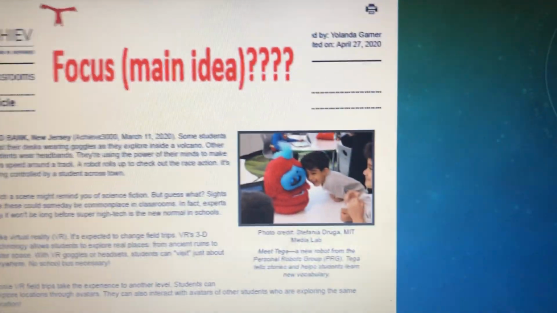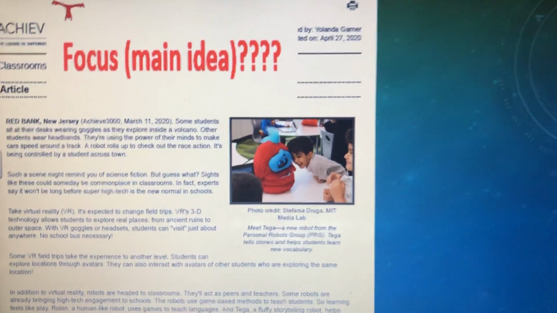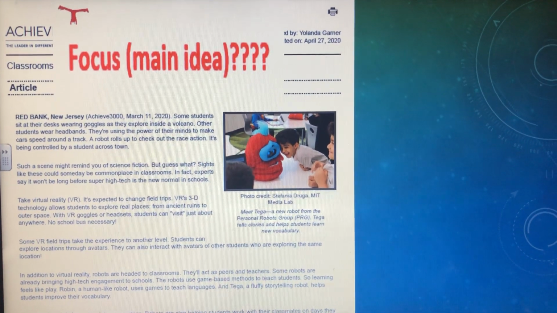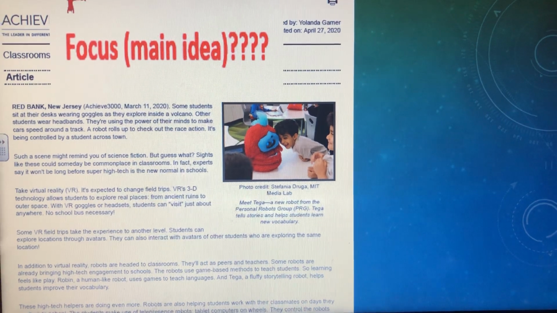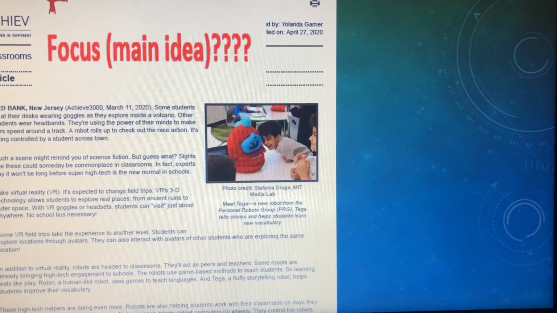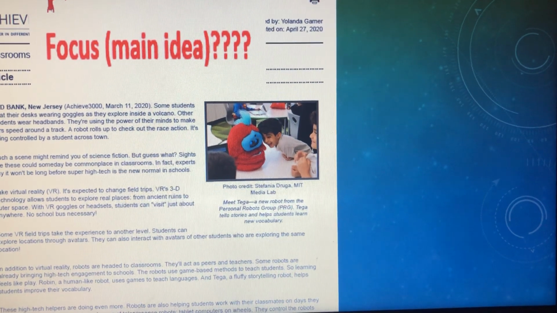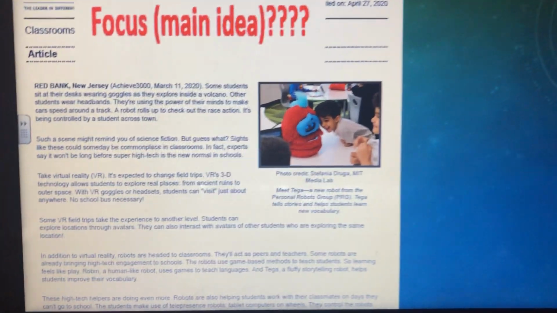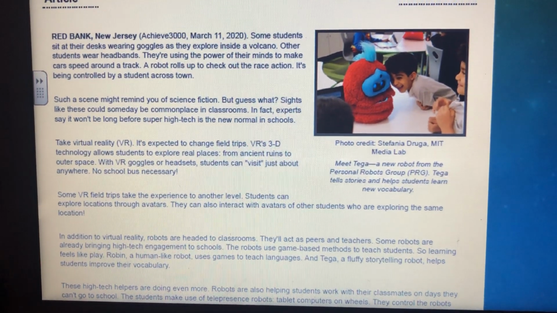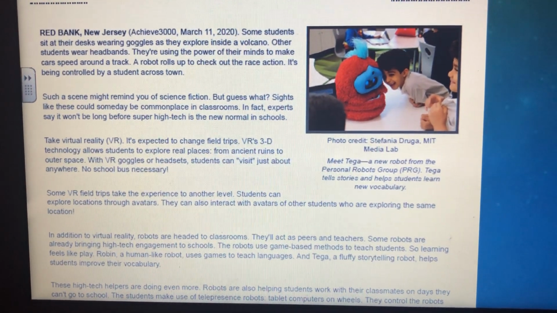When you read through this article, you should have read through it twice. It really talks about technology, and how it's going to enhance our classroom. Specifically, it's talking about a robot, okay? And the entire article is focused on how robots are going to make our classrooms better.